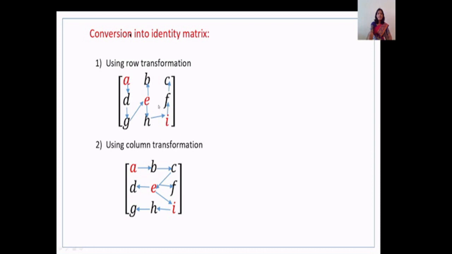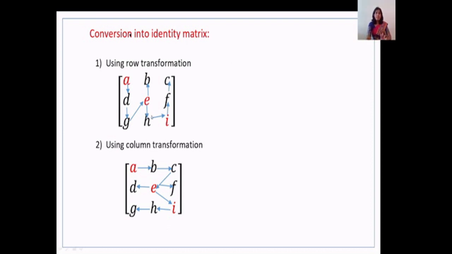Similarly in column transformation, we go horizontally. First make A 1, then make B and C 0, then make E 1 and D and F 0, then make I 1 and G and H 0. This is the path, and this is the rule. We have to go with this rule.